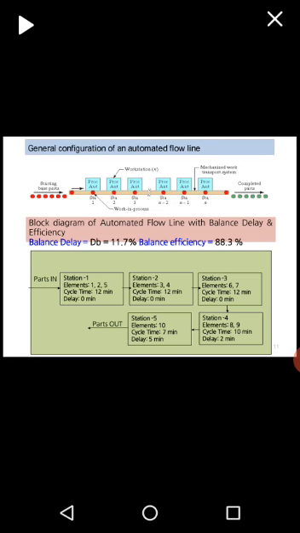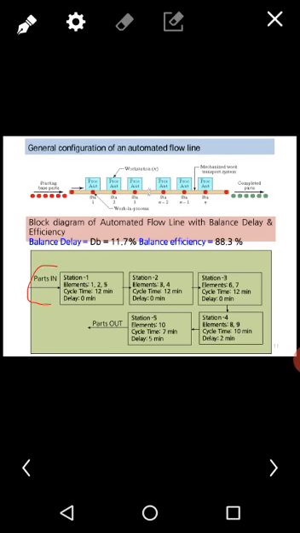When one workstation is completed, the next workstation should be ready to take that work, and it goes on until the work completes. The block diagram for the automated flow line with balance delay and efficiency is here.